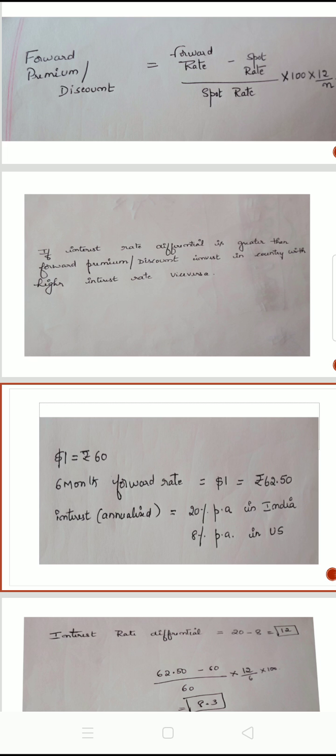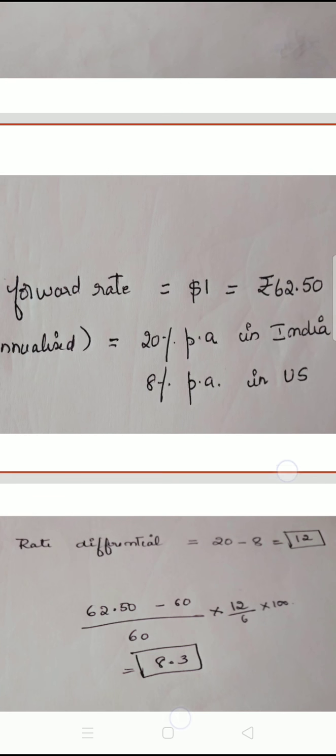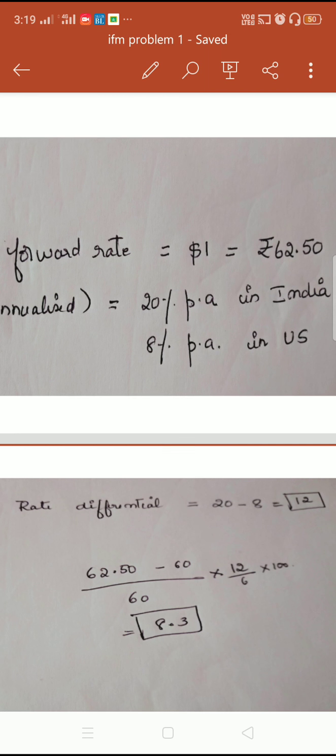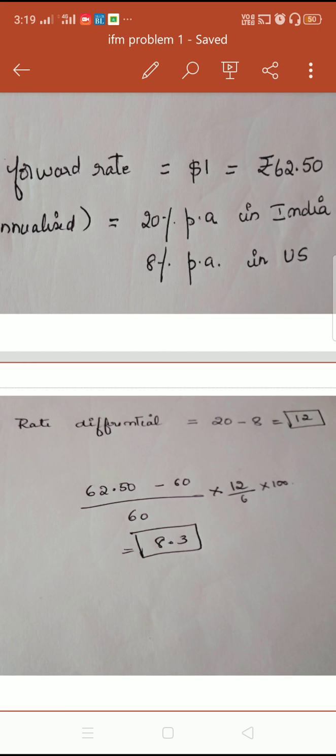If the interest rate differential is less than the forward premium or discount, then you should invest in the country where the interest rate is low. First, let us find the interest rate differential, which is the difference between the interest rates. In India it is 20%, in US it is 8%. So 20 minus 8 gives 12.